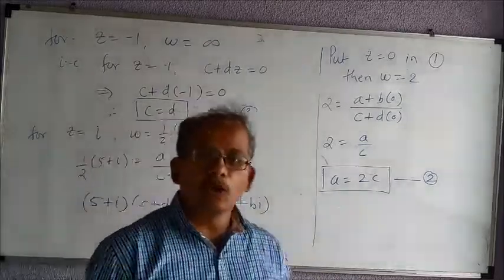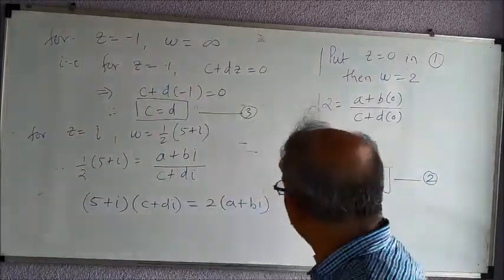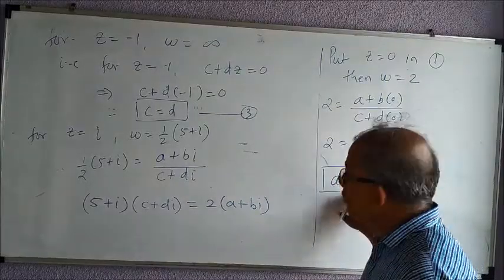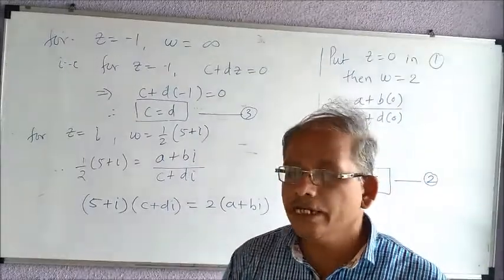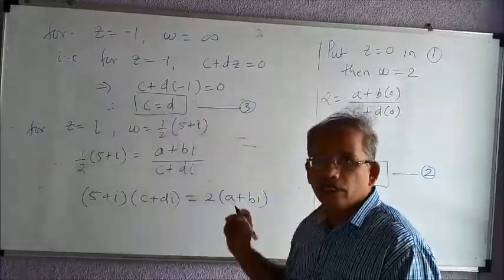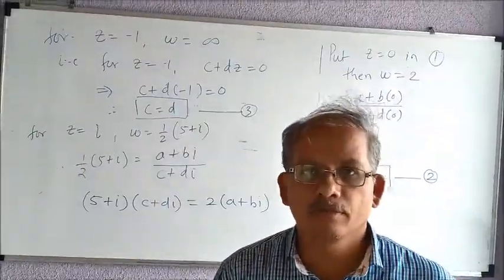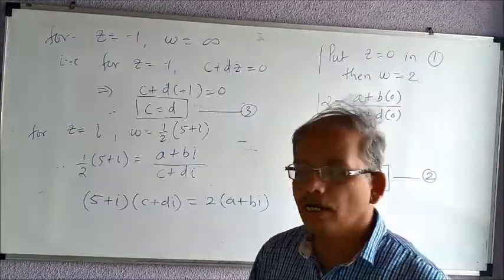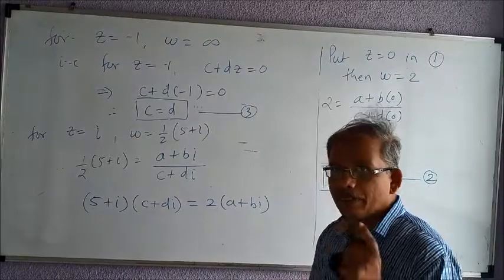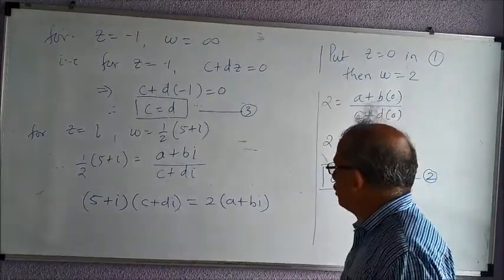Now if you observe the relations that we have obtained, we got a relation between A and C, and we got a relation between C and D. The only thing is that one of these A, C and D must be related to B. Then we can convert every constant into the other constant. So we will keep this in mind. Okay, fine.